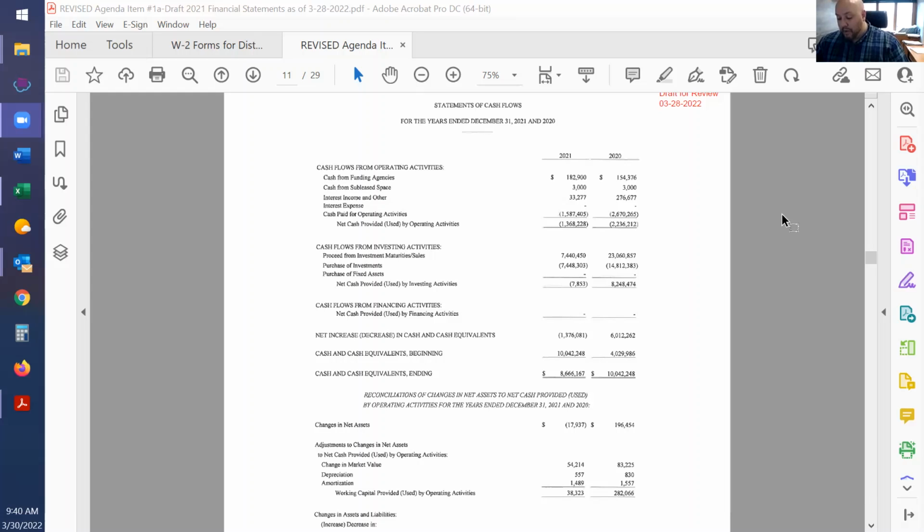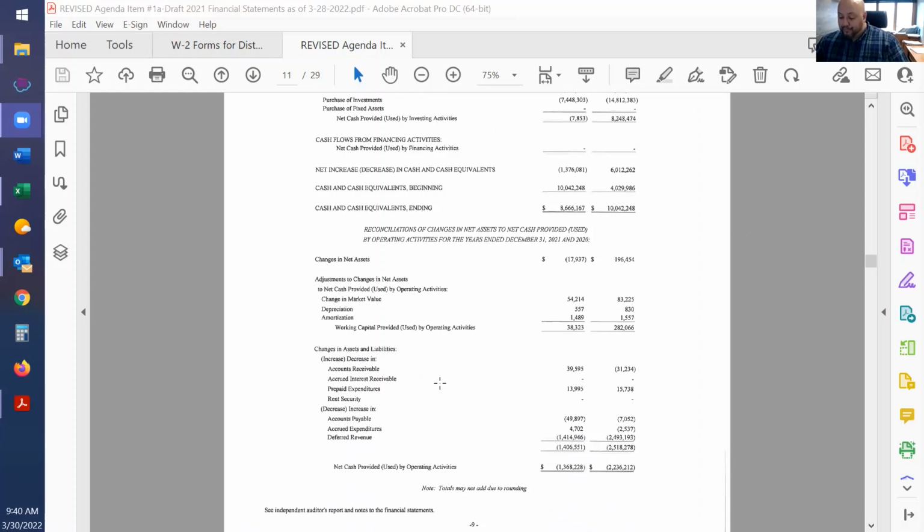Down below, what we have is a reconciliation from the statement of financial activities, going back to what was reported up top in operations. So down below, it's basically a summary of the operations and how they affected the cash flow this year.